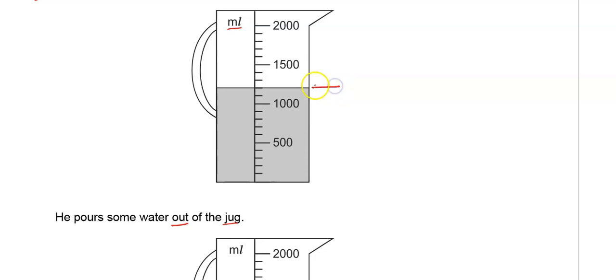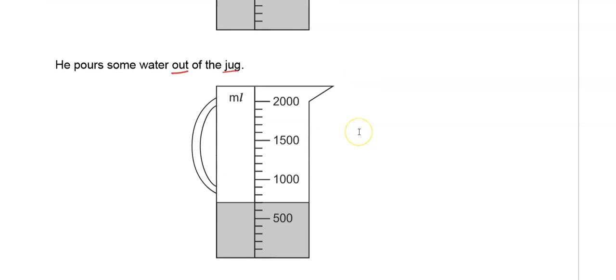So what is the initial volume? This is 1,000, 1,100, 1,200. So this is 1,200. And the remaining water in the jug is 500, 600, 700. The remaining water in the jug is 700.